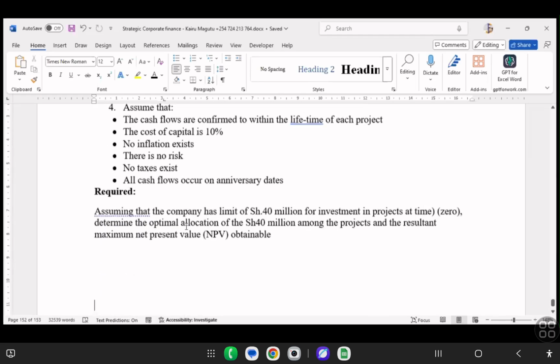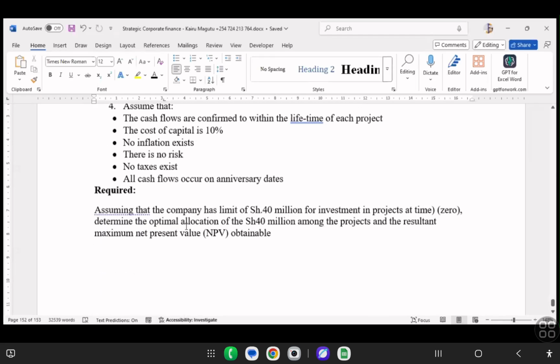All cash flows occur at anniversary date. Assuming the company has a limit of 40 million for investment in the project at time 0, determine the optimal allocation of the 40 million among the projects and the resultant maximum NPV obtainable.